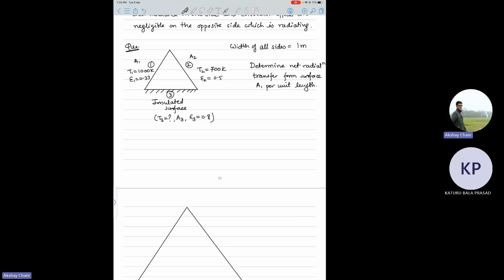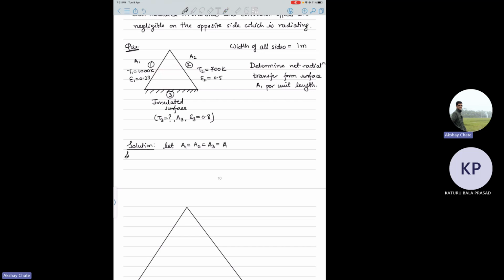And before solving this, maybe here I'll write: let A1, A2, A3 be equal to A, because it's an equilateral triangle and length is also the same, so area will be the same. Also, as we discussed in the last class about shape factors, shape factor is a geometric property. It doesn't depend on the temperatures. So whatever energy is coming from 1 to 2 and 1 to 3, they will be the same.